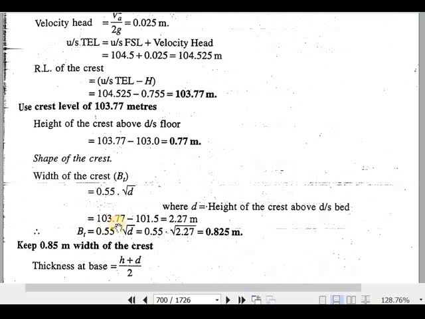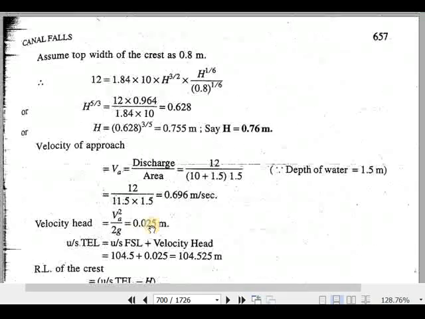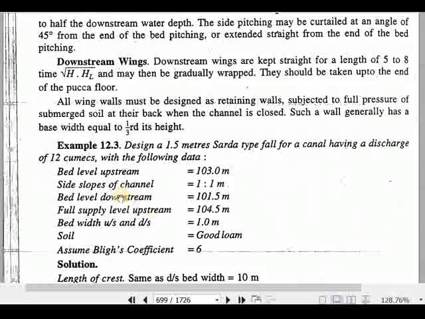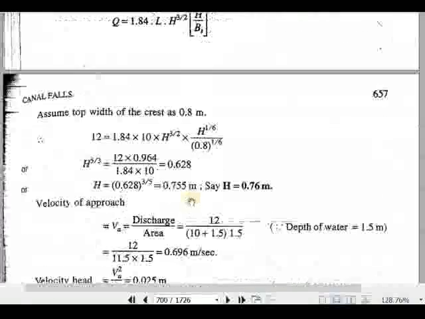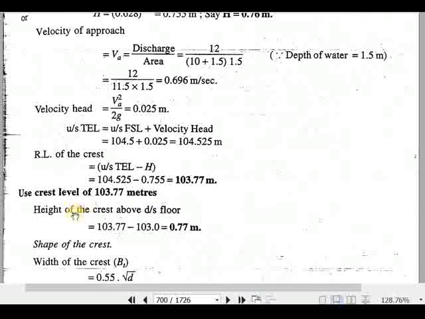D is equal to 103.77 minus downstream floor level, minus 101.5. 101.5 is bed level downstream floor level.